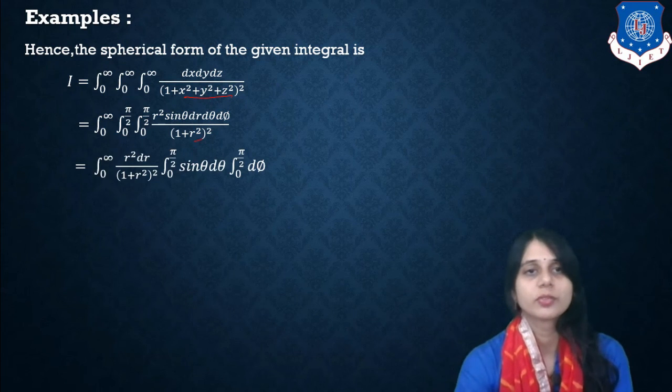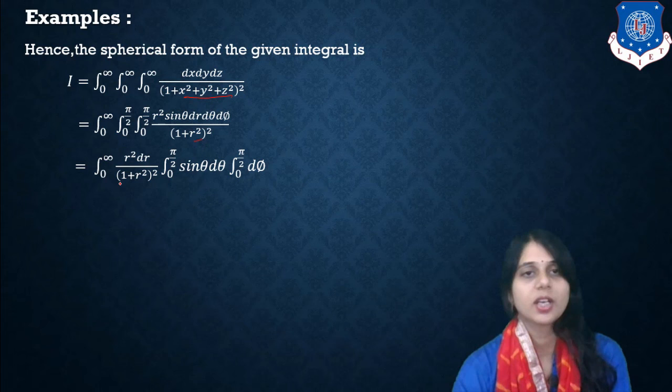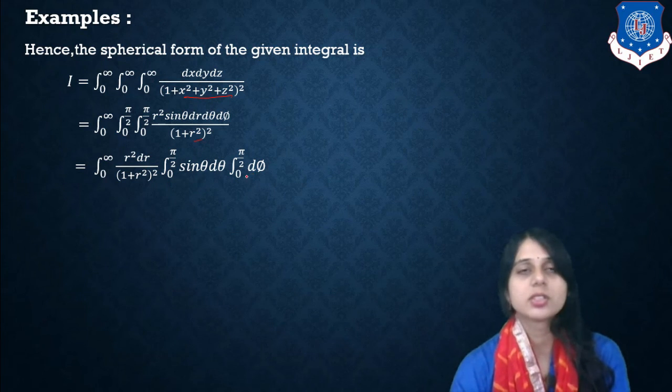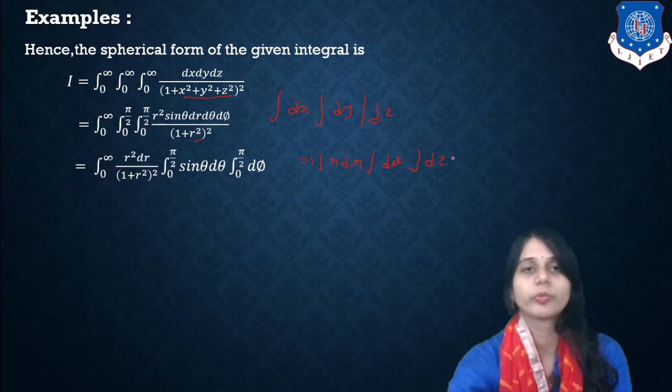Now integrate this: r squared dr times 1 upon (1 plus r squared) raised to 2. We multiply with the theta part and separate, like separating the integrals dx, dy, dz. Similarly, here we integrate r dr, d theta and d phi.